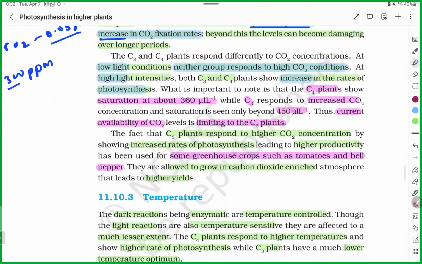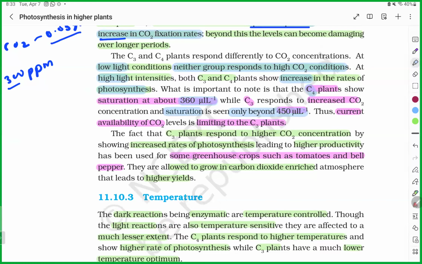But C4 plant can show maximum photosynthesis even at 0.036%. C4 need very less CO2, उसमें भी वो एडजस्ट कर लेते हैं. But C3 require more than 450, their saturation will be more than 450. इसका मतलब ये है C3 की डिमांड बहुत ज्यादा है CO2 की.